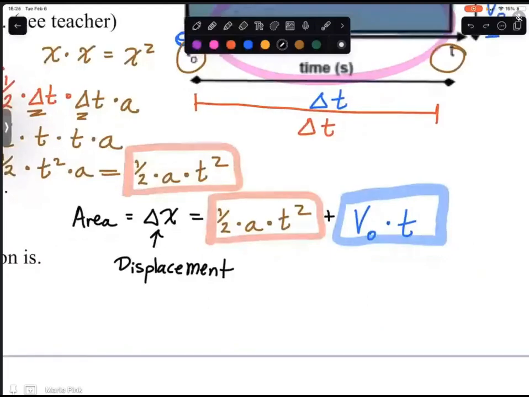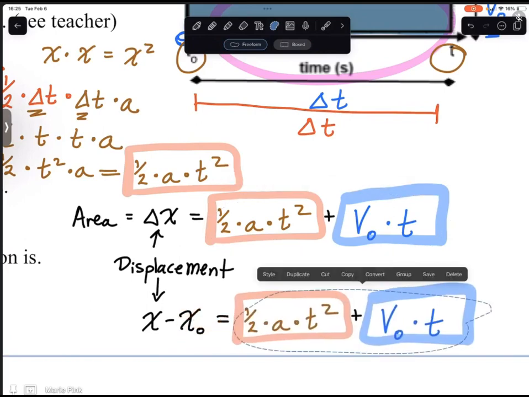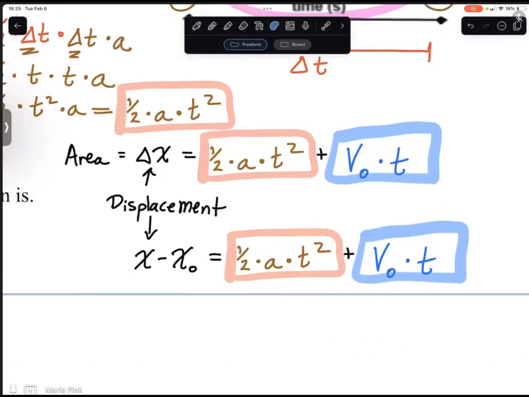So this displacement thing, this is really just x minus x naught. So where you ended versus where you started, which is kind of gross actually. And so what I want to do instead is just add the x naught to both sides. And when I do that, I'm going to end up with the general equation for this unit.